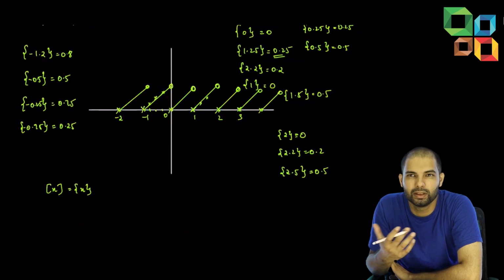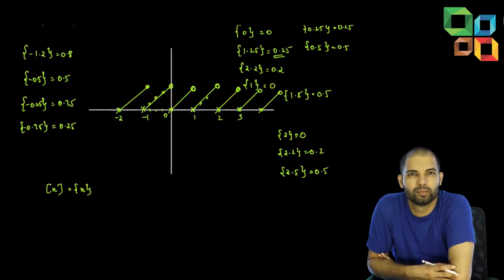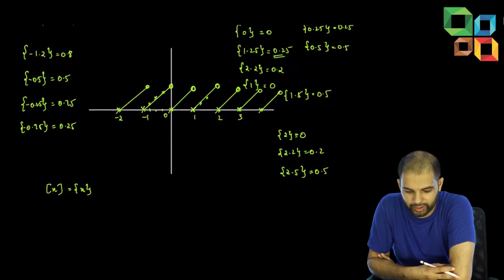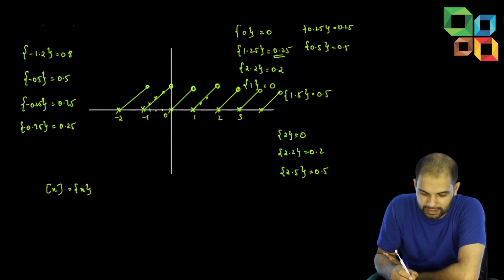Do you think there is a number? No, because the range of the fractional part will be 0 to 1. Okay, that's enough. That's how you have to complete your argument. That is a proof. That's more than sufficient.